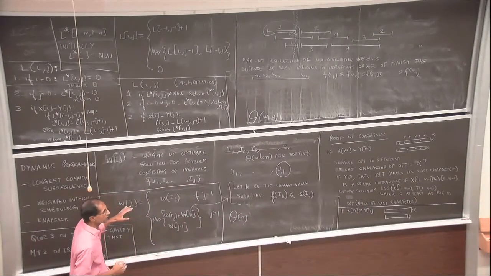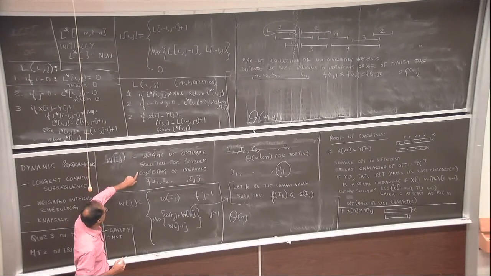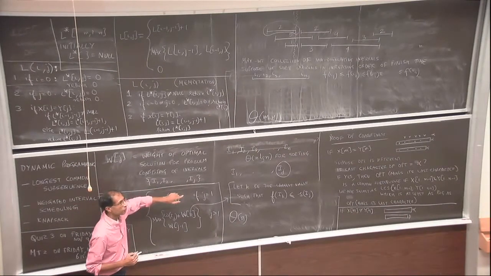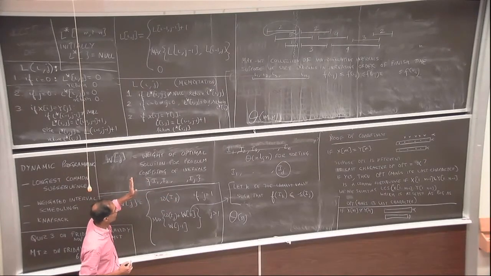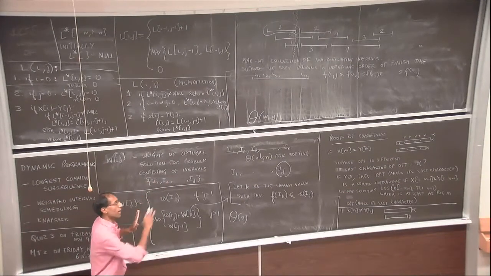You could have written down exactly the same thing going the other way. It's just how you define this. W_j is the weight of the optimal solution for a problem consisting of intervals I1 through Ij. If you were doing it in this direction, then the problems are not of the form I1 through Ij. The problems are of the form Ij through In.